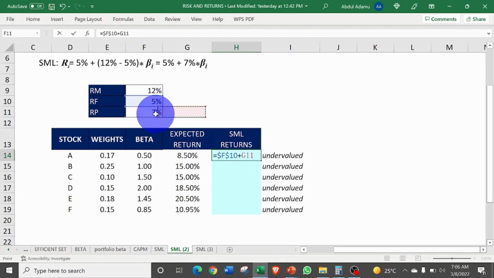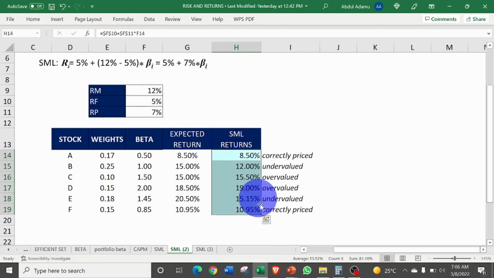We also lock it, plus 7%, lock it, times our beta is this one, enter. This is for stock A. So we copy it down, double click, we have copied it down.